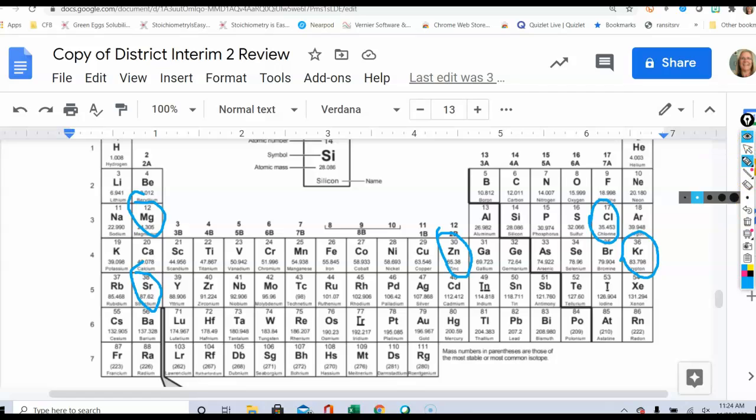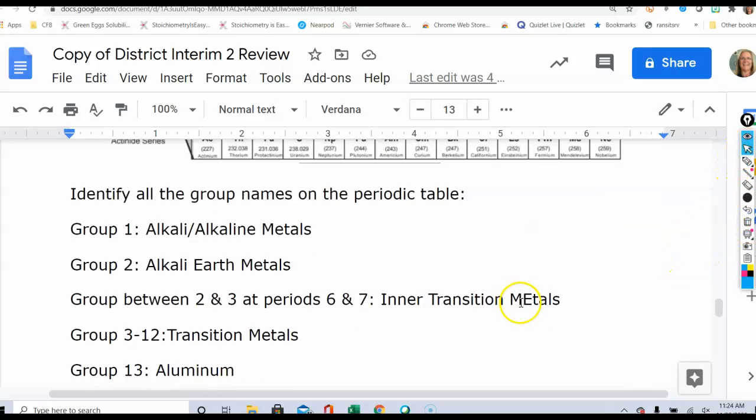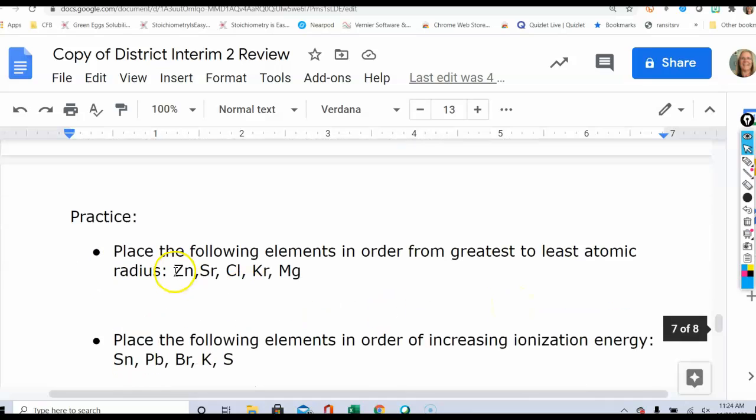So it would be strontium, zinc, krypton, magnesium, chlorine. Let's write that into our answer here: strontium, zinc, krypton, magnesium, chlorine, greatest to least.